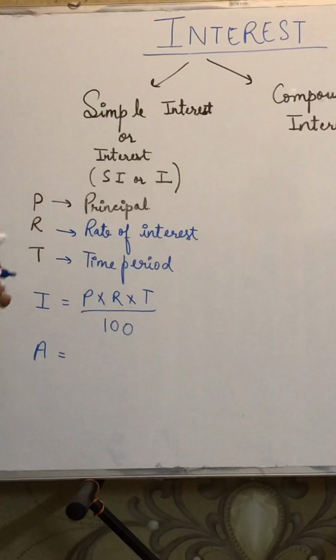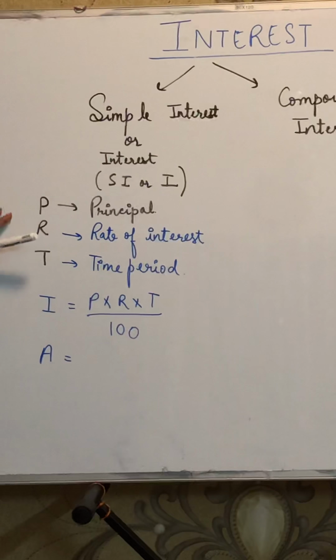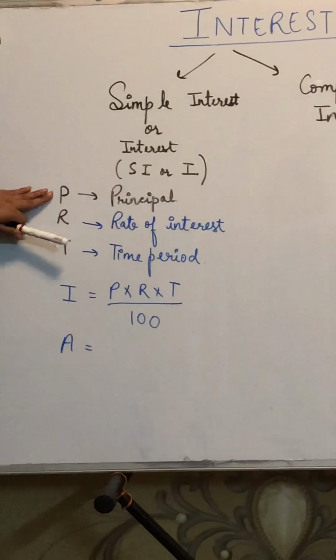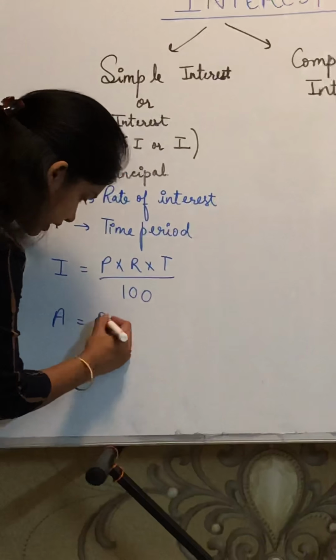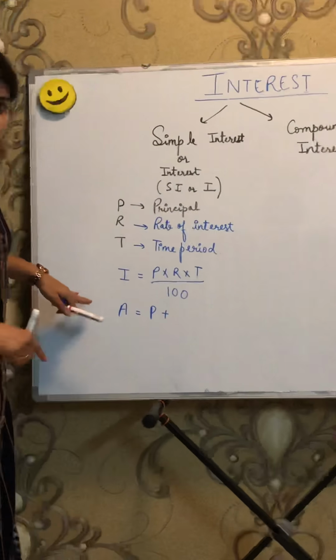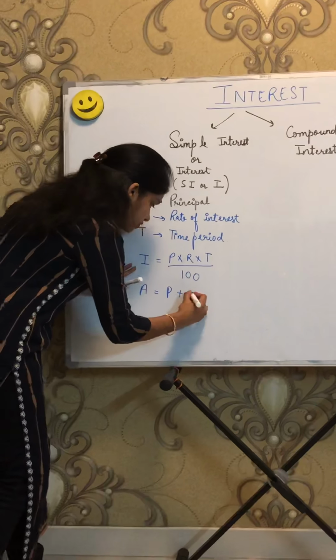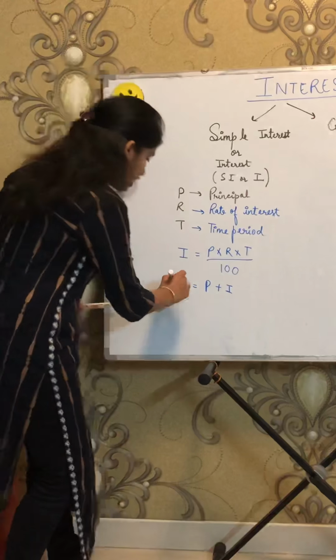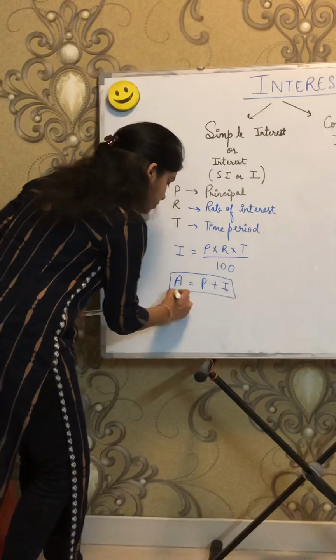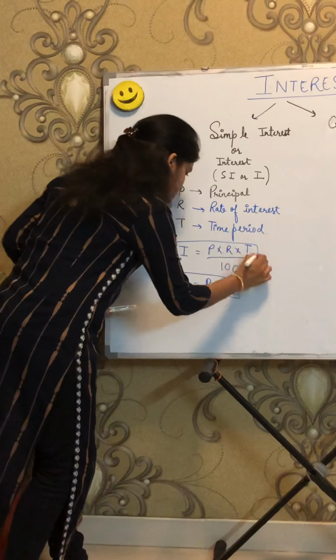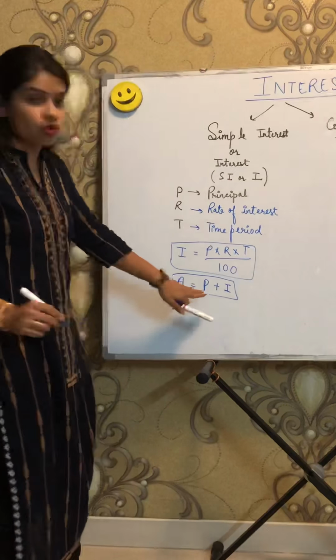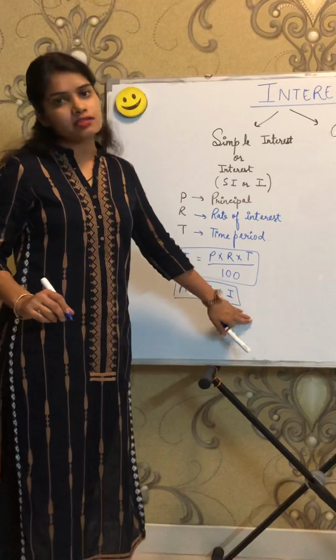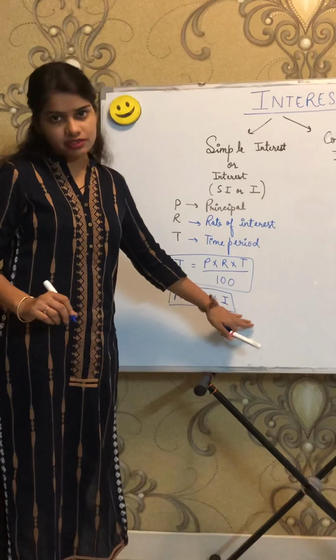When you are paying back to that bank 25 lakhs, the principal you are paying, which is 20 lakhs, and you are paying something extra also, that is interest. So you are paying the money which is known as amount to the bank. So amount is nothing but the sum of principal and interest.